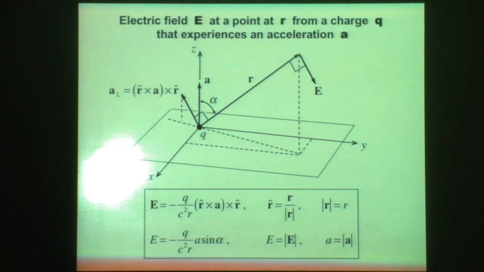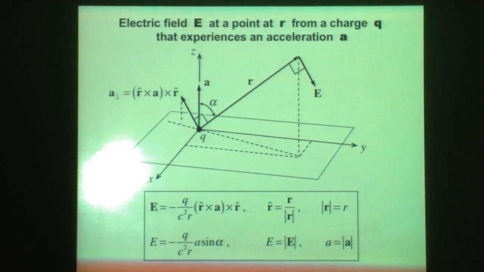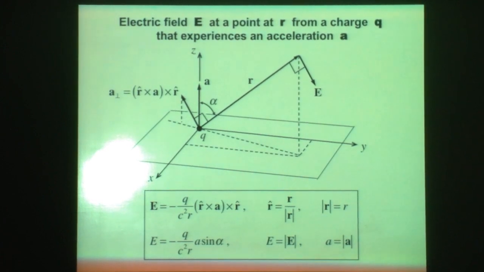So here we have a simple diagram where we have a point charge Q that is accelerated. Let's call that acceleration direction the Z direction, and then we have an orthogonal Cartesian coordinate set there, for simplicity in thinking.